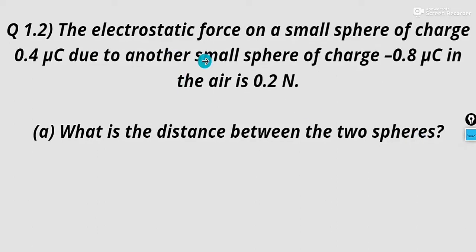The next question: the electrostatic force on a small sphere of charge 0.4 microcoulomb due to another small sphere of charge minus 0.8 microcoulomb in the air is 0.2 Newton.